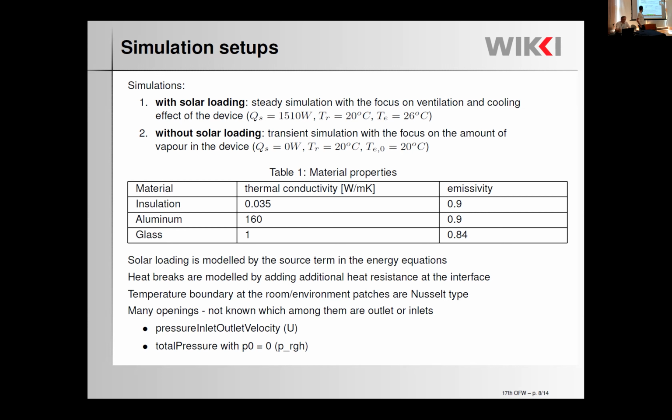We specified the pressureInletOutletVelocity for the velocity and total pressure for pressure. And in this case, you are not forcing the flow to enter at one inlet and exit at the outlet patches.